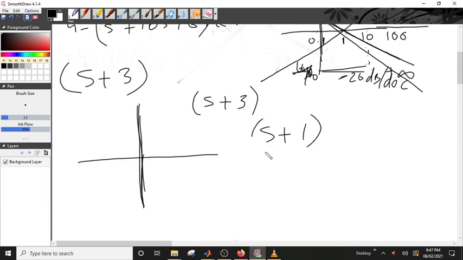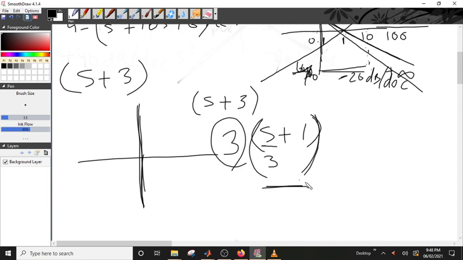How can we make this term as s plus 1? If we take this 3 common, it will become s by 3 plus 1, right? And we took this 3 common. This 3 will be the part of the gain k, so I will explain this later. So we need this type of form.